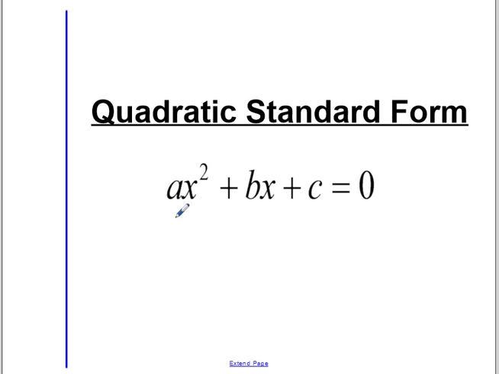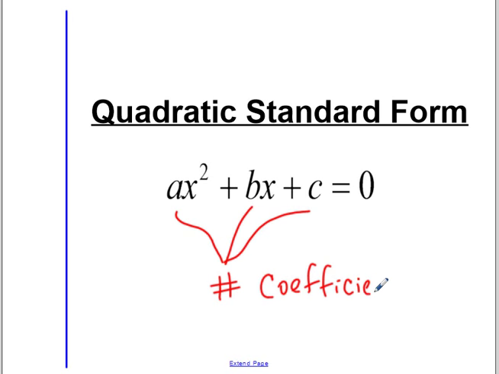Each of these letters in a problem, of course, would be a number, and they are called coefficients. You will start to hear me talk about C and A a lot more as we move forward.